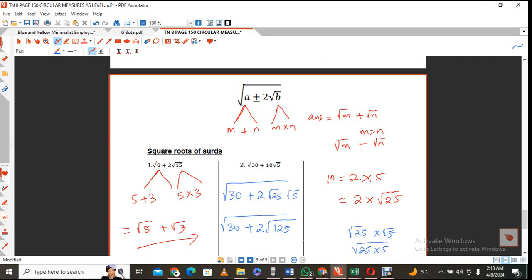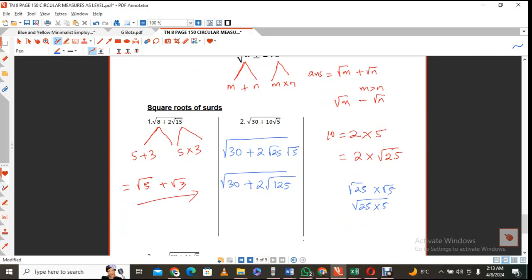Now, if I was to come here now, I'm going to do the method that I was doing: what two numbers multiply to give me 125, and add to give you 30? Well, you know that those two numbers have to be 25 and 5, because 25 times 5 is 125, and 25 plus 5 gives you 30.